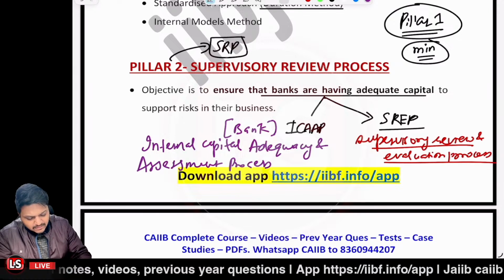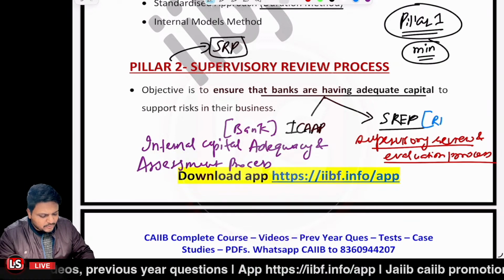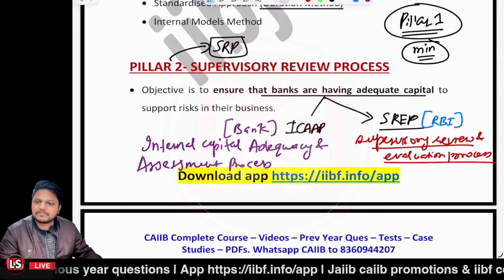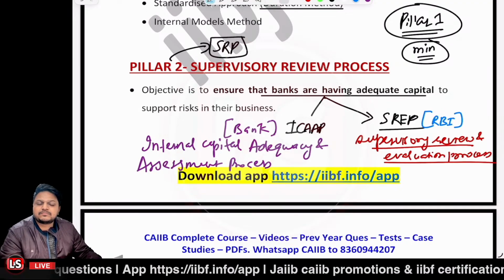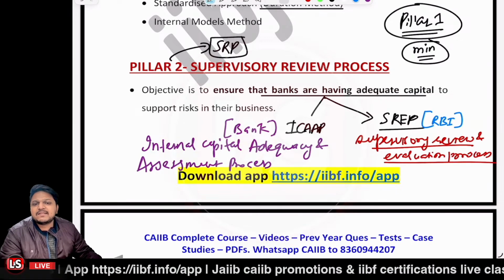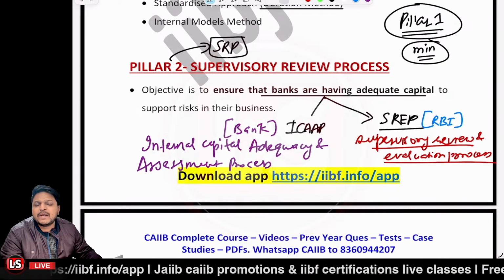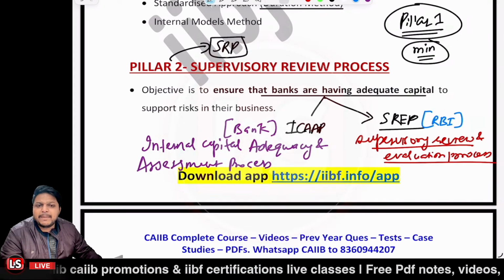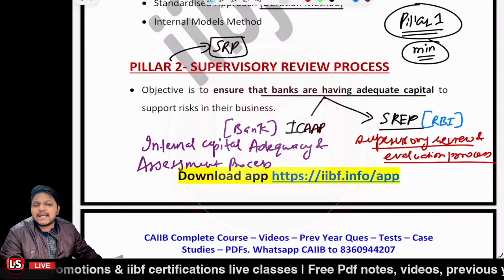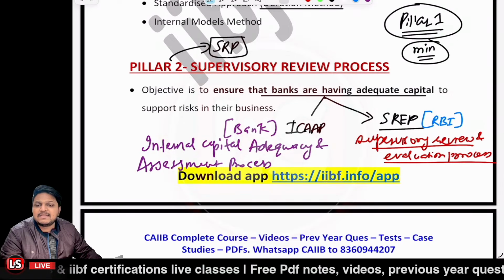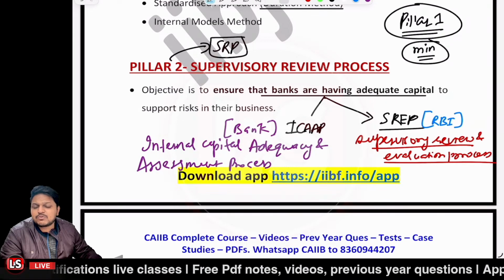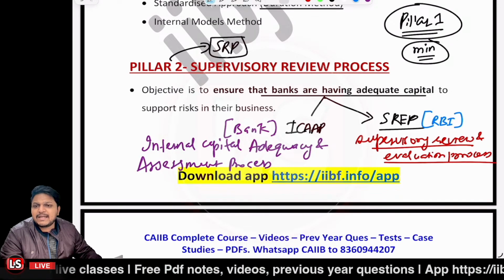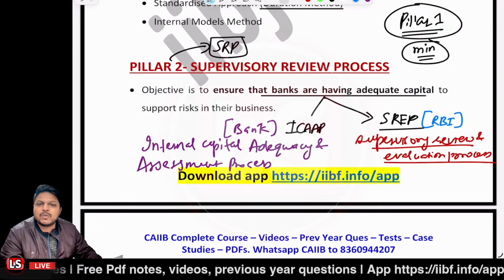The second leg is followed by the regulator, that is the Reserve Bank of India. In case of SREP, the supervisors review and evaluate the ICAAP model and the strategy, so as to evaluate that the capital the bank maintains is adequate.